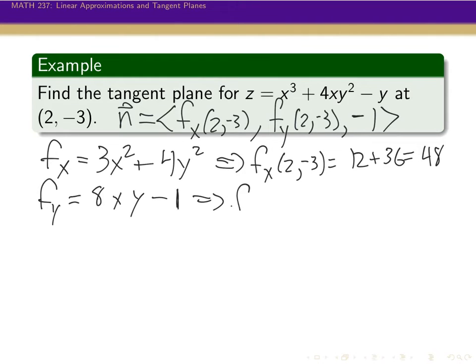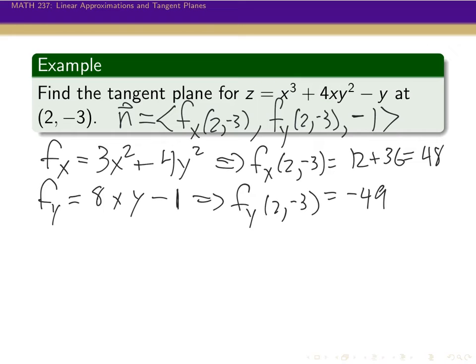And so when I plug in 2, minus 3 into this, I'm going to get 8 times 2 is 16 times minus 3. 16 times minus 3 is minus 48. Minus 1 again is going to give me minus 49. Let's see, double check that with my calculator. So 8 times 2 times minus 3 minus 1, yes, gives me minus 49.